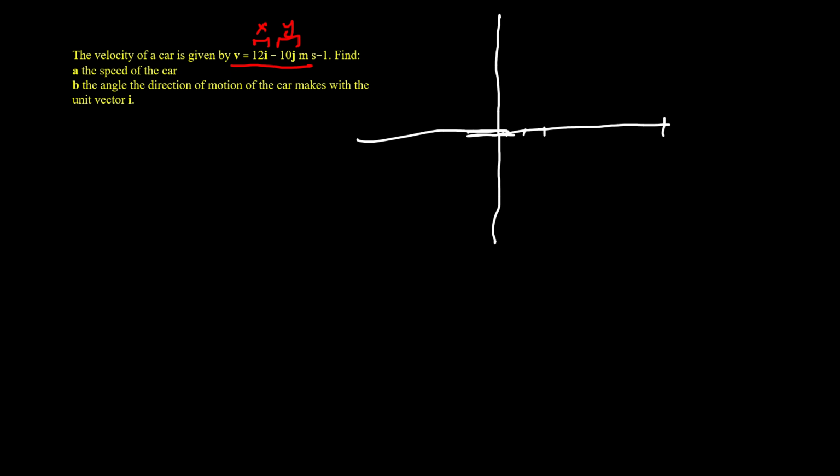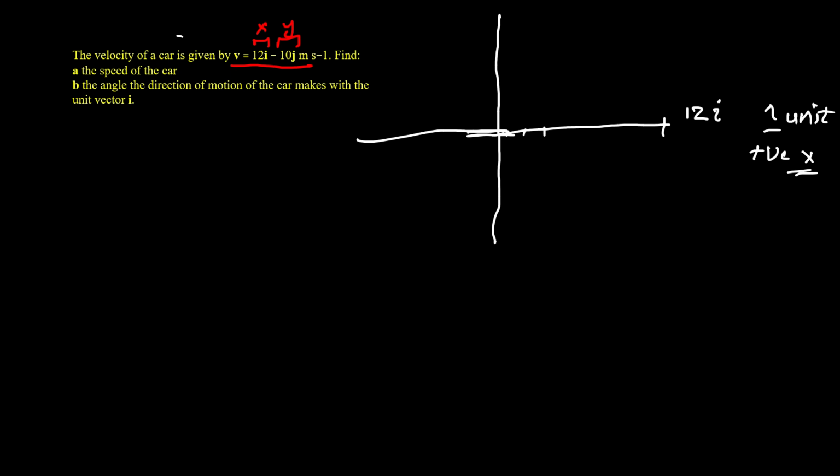So this velocity vector is 12 units long in the positive x direction, so it will be given by 12i. i represents 1 unit in the positive x direction. Similarly, this minus 10 represents 10 units in the negative y direction.